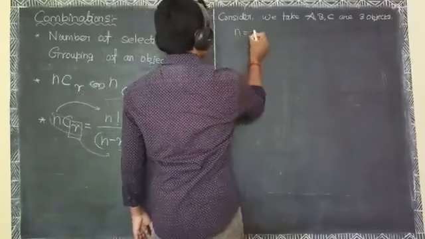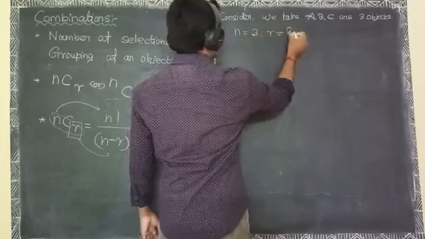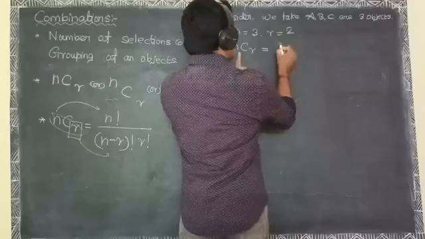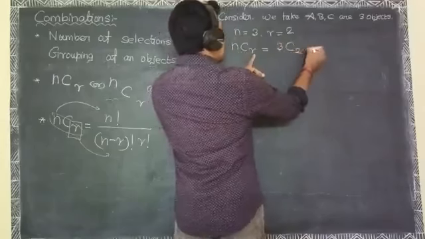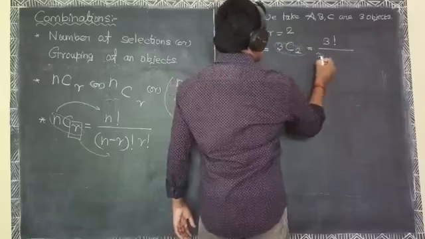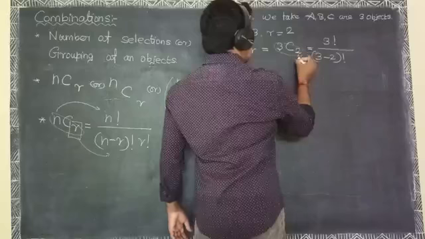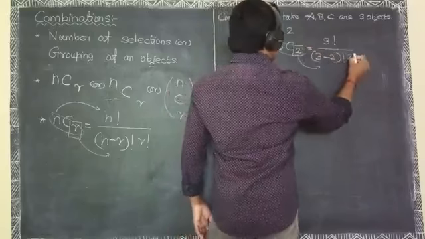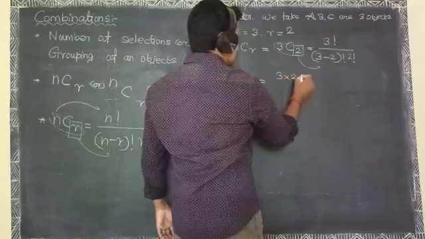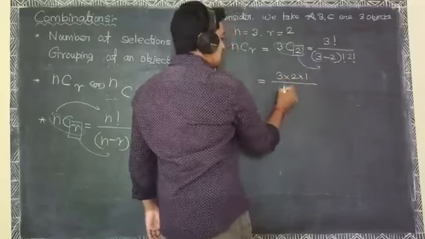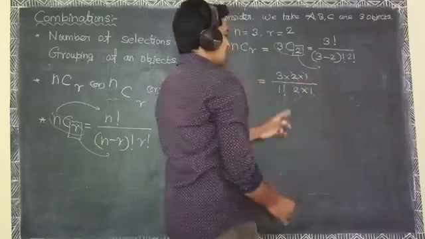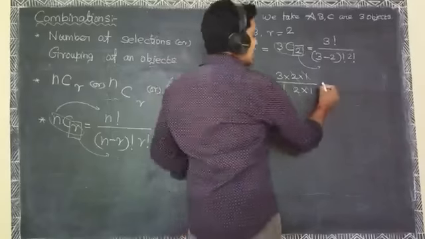Here n is equal to 3 and r is equal to 2. nCr is n factorial divided by (n minus r) factorial into r factorial, that is 3 factorial divided by (3 minus 2) factorial into 2 factorial. 3 factorial is 3 into 2 into 1, 1 factorial is 1, 2 factorial is 2 into 1. The 2 and 1 are cancelled, so we get 3.